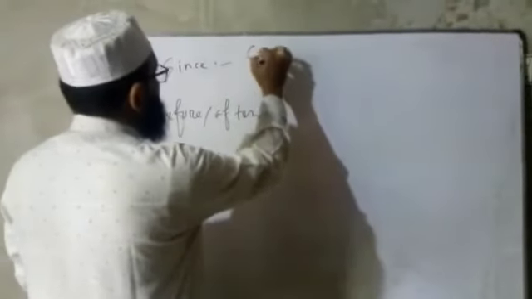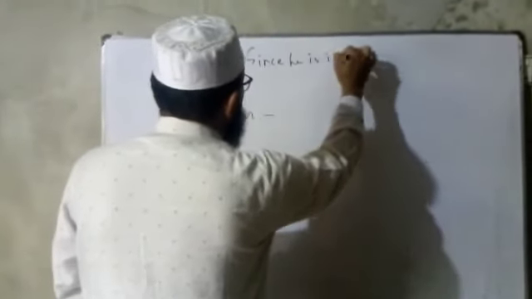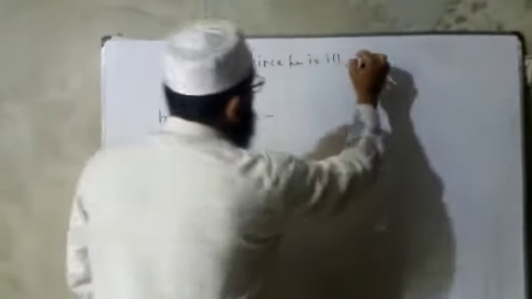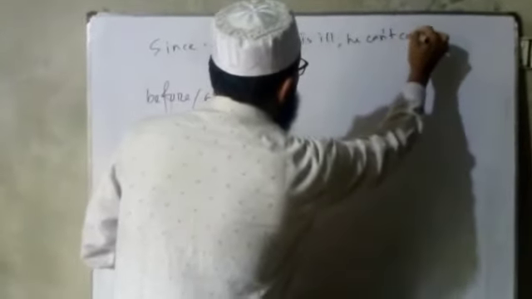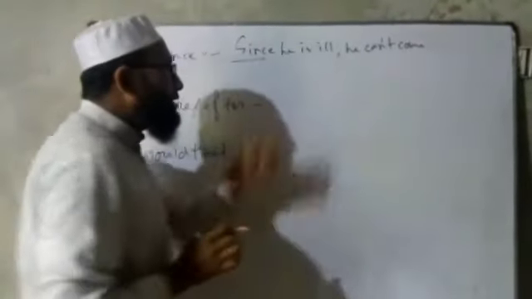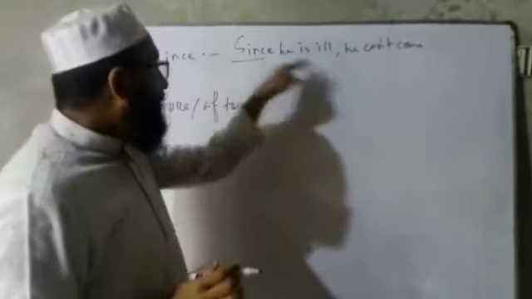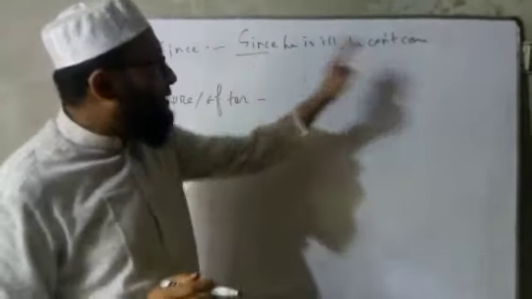For example, since he is ill, he cannot come. Here since is used at the beginning of the sentence, so it indicates cause. Since means because, or as he is ill, he cannot come.